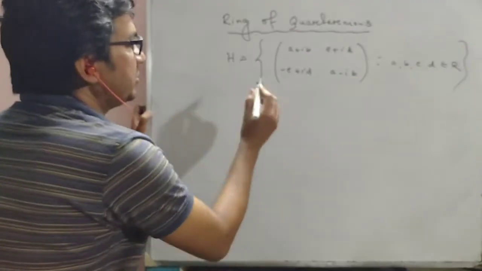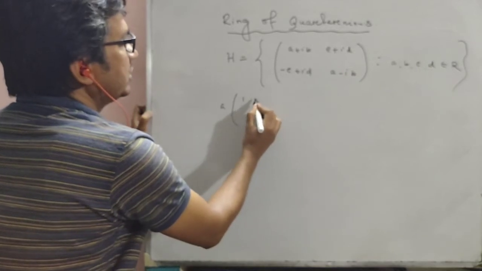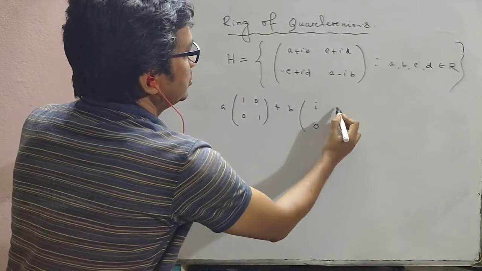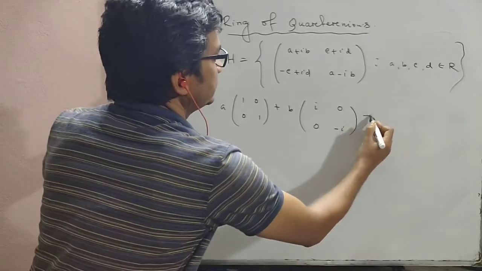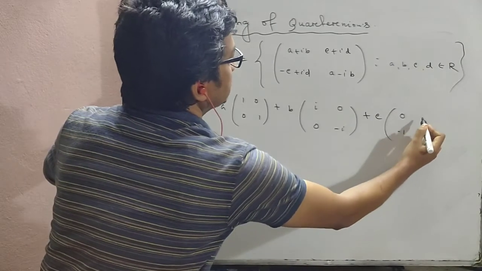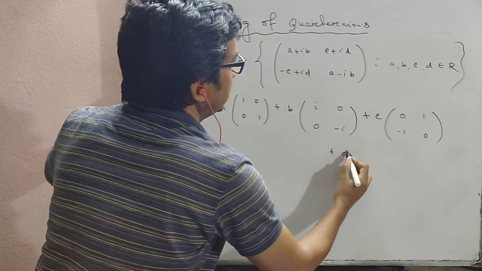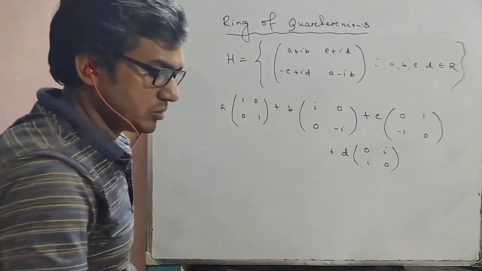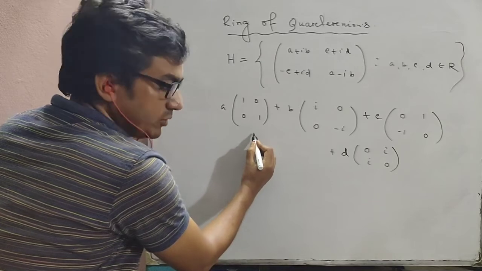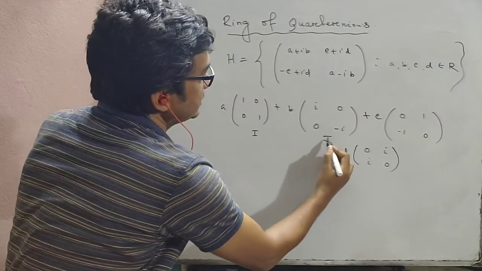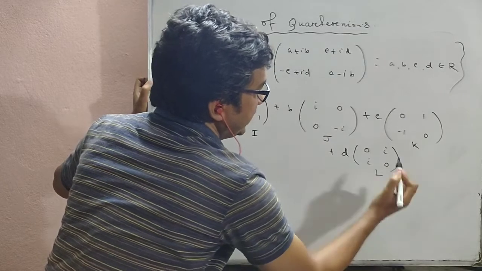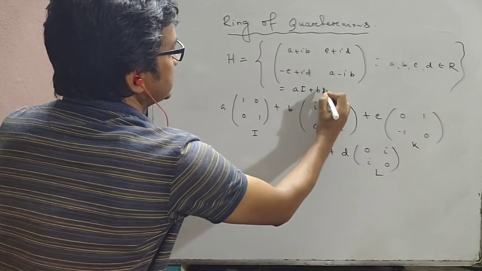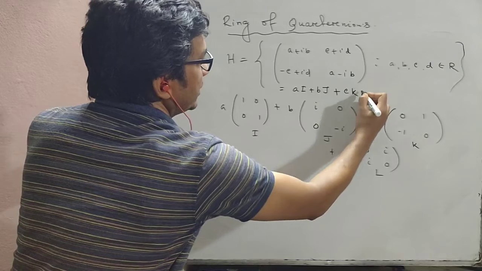This type of matrix can be written as A times [1 0; 0 1] plus B times [i 0; 0 minus i] plus C times [0 1; minus 1 0] plus D times [0 i; i 0]. These matrices are usually denoted by I, J, K, L. So this type of element can be written as AI plus BJ plus CK plus DL.